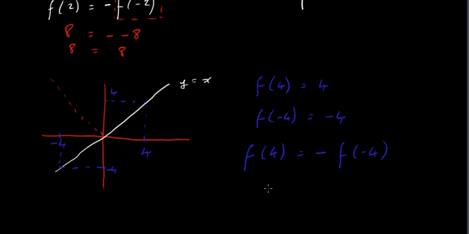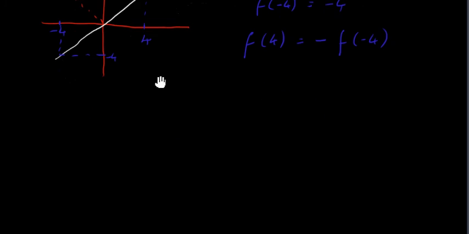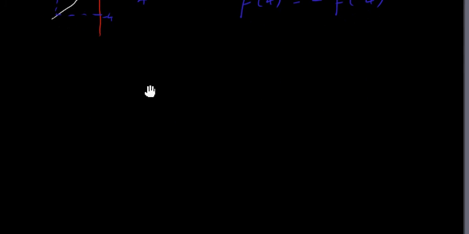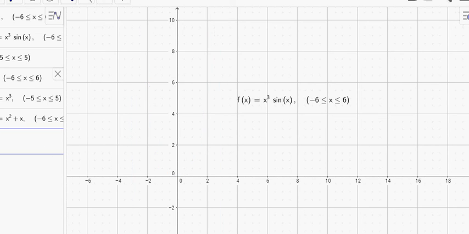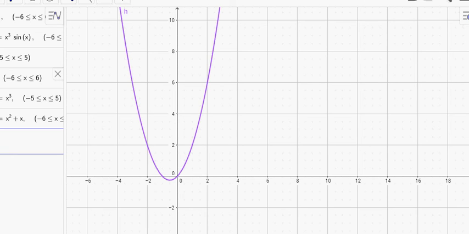Okay, so that's really your definition of an odd function, but you can also have functions that are neither even nor odd. I've taken an example here, and I'll just show you on this GeoGebra file. Let me just get rid of this, and we'll put in this one.